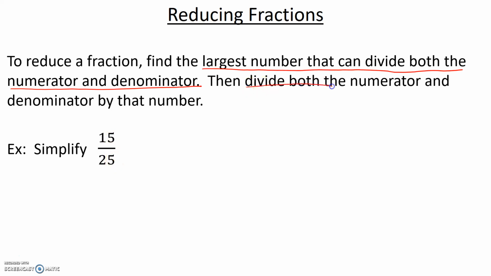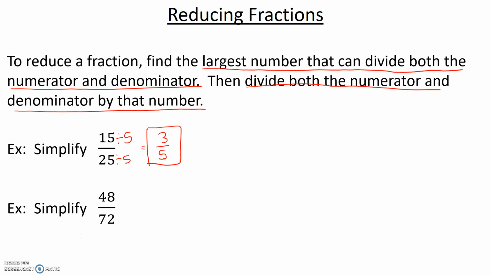Then we would divide both the numerator and denominator by that number. We would divide 15 by 5 and we would divide 25 by 5. The result would be 3/5. Notice that 3/5 is equivalent to 15 over 25.